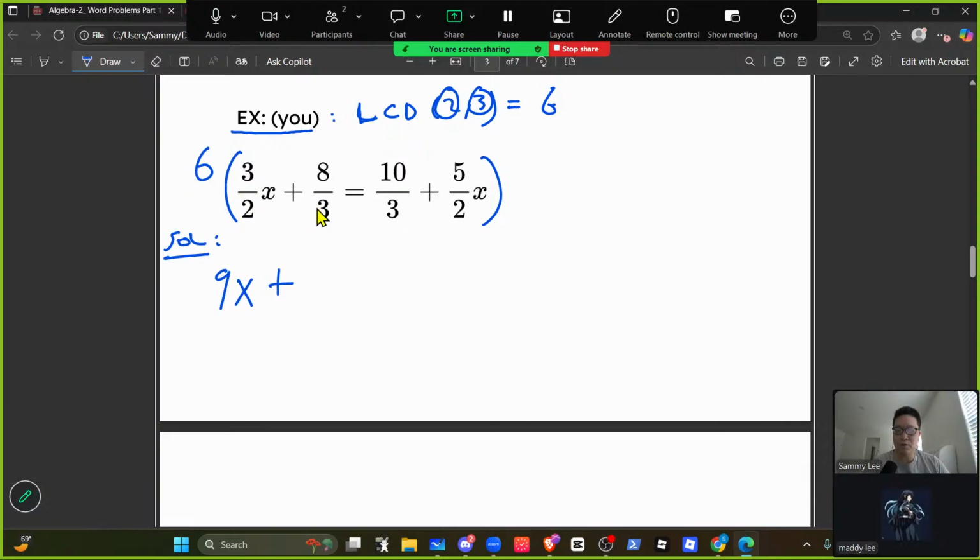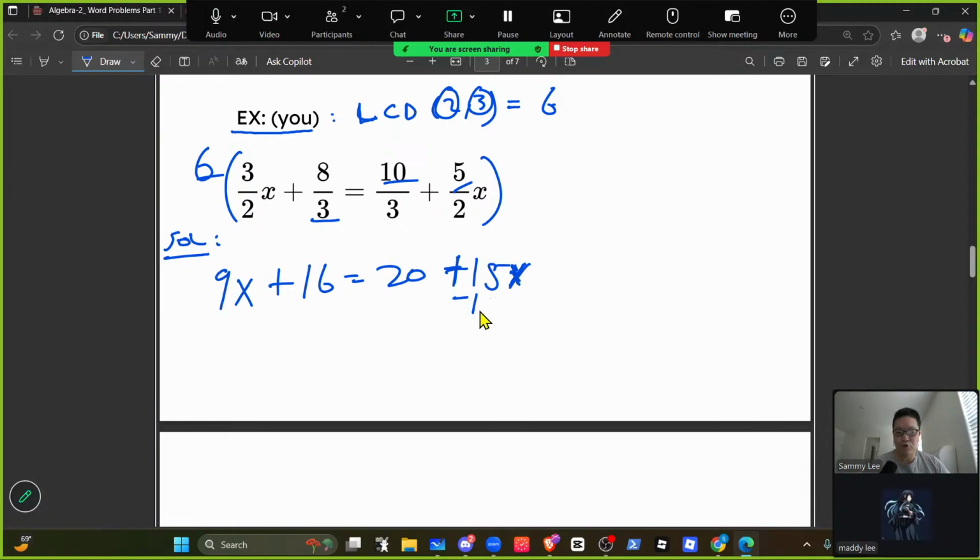3 goes into 6 twice. 2 times 8 is 16. 3 goes into 6 twice. 2 times 10 is 20. 2 goes into 6 3 times. 3 times 5 is 15. So we have 15x. And now we have our ordinary linear equation that we can solve easily.